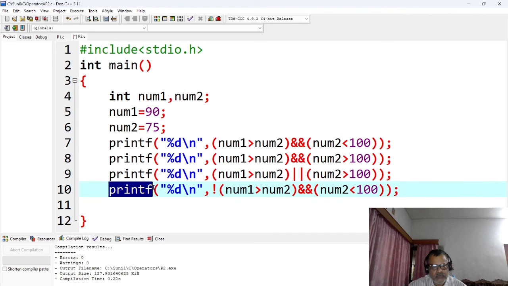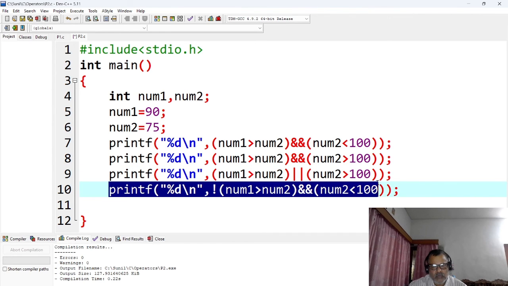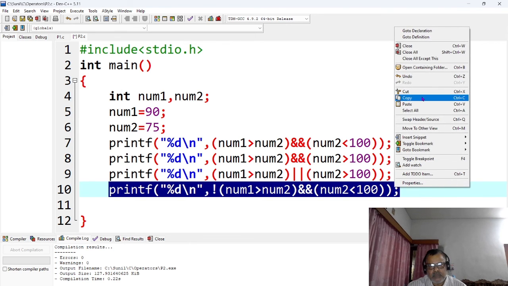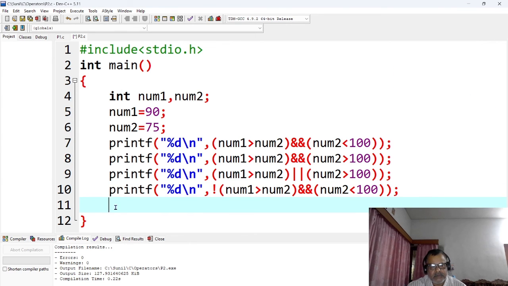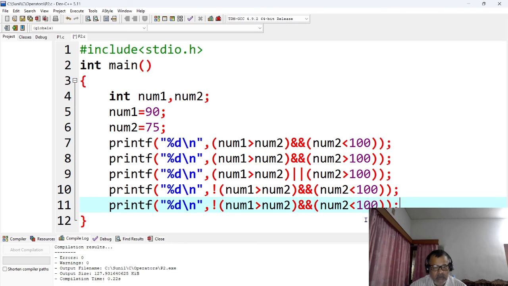But I will try to use the same expression, only I want to change it a little bit. Okay, so I want to copy it, and here I want to paste it, and here I want to give one another parenthesis.